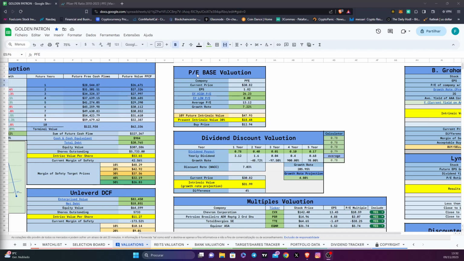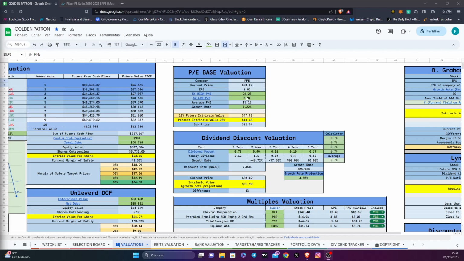To find the PE based valuation, which is a ratio, a financial metric used to evaluate the value of a stock, it compares the market price of a stock to its earnings per share. A high PE ratio suggests high growth expectations, while a low PE may indicate lower growth expectations.